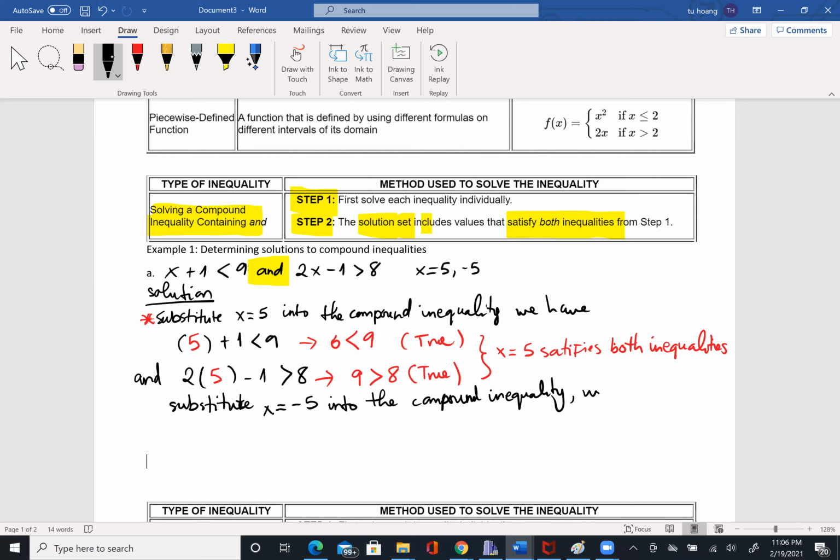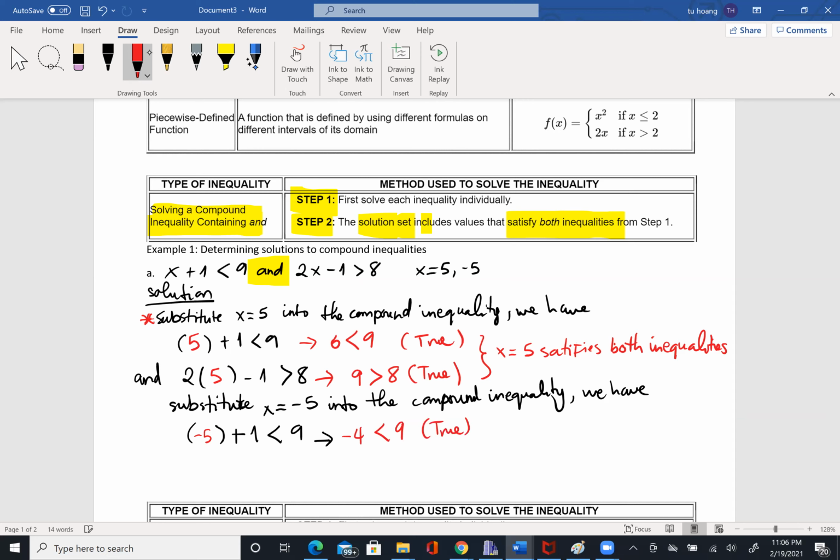We have x has become -5 plus 1 is less than 9. If I simplify it, see, it is -5 plus 1, this is going to give you -4 less than 9, and it is a true statement.